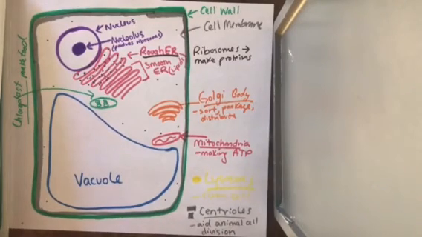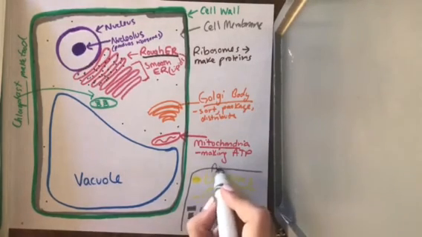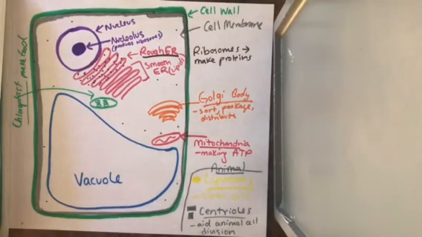So they basically help the cell divide. So remember, these two though, these are not in plant cells. These are only in animal cells. Okay? All right. I think that pretty much covers the basics of the organelles.